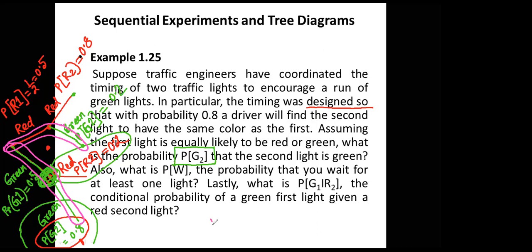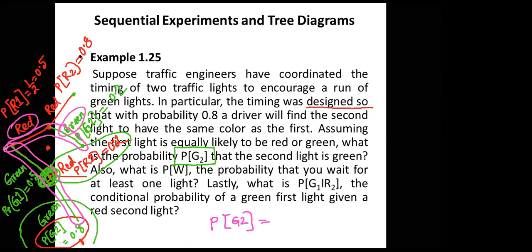So when I want to find the probability of G2, how to do that? The first line is the probability of R1 multiplied by the probability of G2. This is this line's probability. Do you agree? Because G2 can happen when the first one is red and then the second one is green. To find this combined probability, we have to multiply the probability of red and the probability of green.